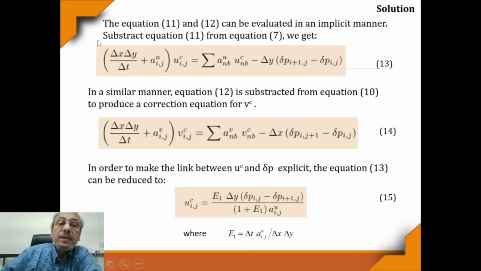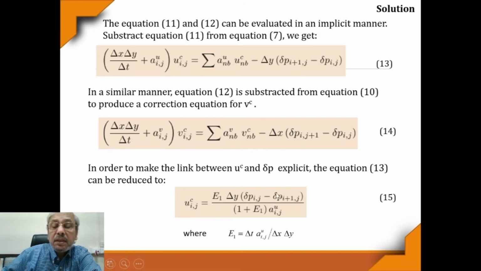So from equation 13, neglecting the neighboring velocity corrections and their coefficients, we are getting an explicit expression for uijc, the velocity correction term. Simply, we are neglecting these and expressing uijc equal to the right hand side divided by its coefficient on the left hand side.